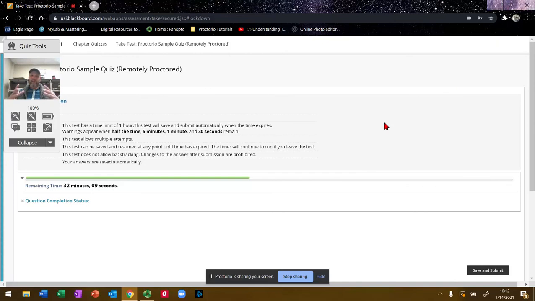So again, going back to reading those instructions, make sure you understand the restrictions, make sure you've got that good solid connection, making sure that your automatic updates are turned off. All that stuff will mitigate you getting kicked from an exam. That's what you want to do up front.